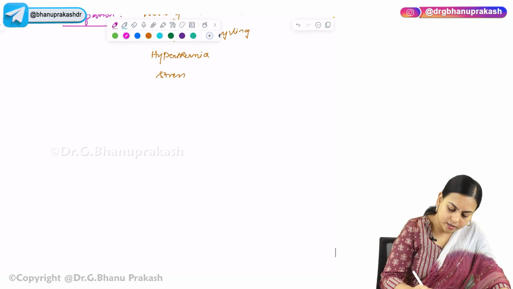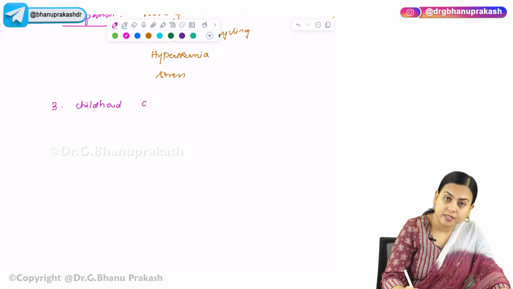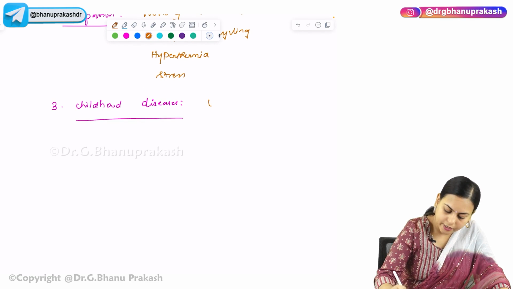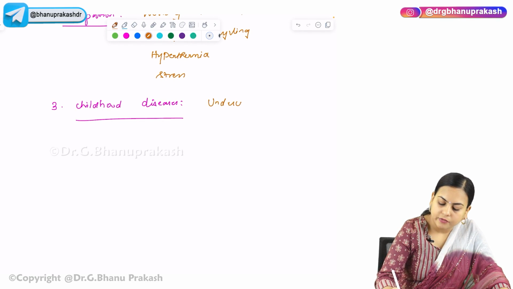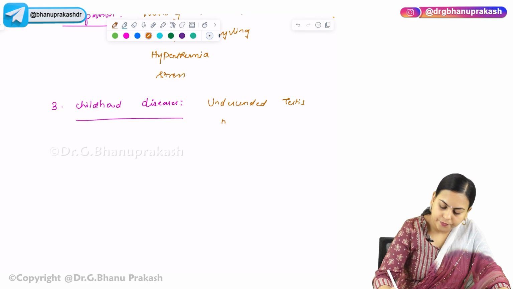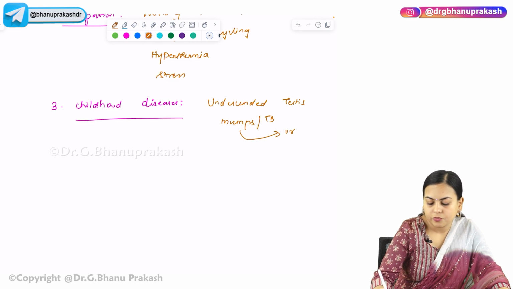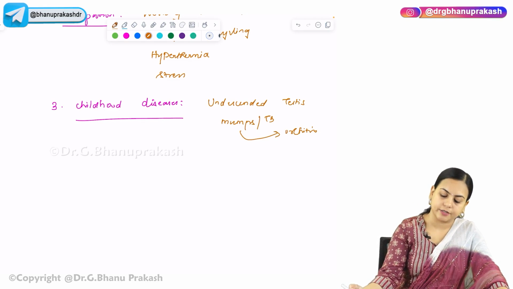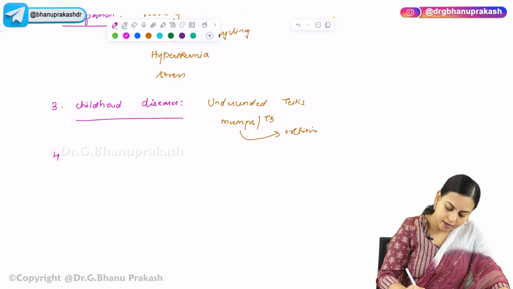Okay. And then a history of childhood diseases should also be obtained, which should include if there was a history of undescended testes or there was any history of mumps or tuberculosis, which would have been the cause of orchitis leading to male infertility. Okay. And the next one is you have to ask about the past medical history.